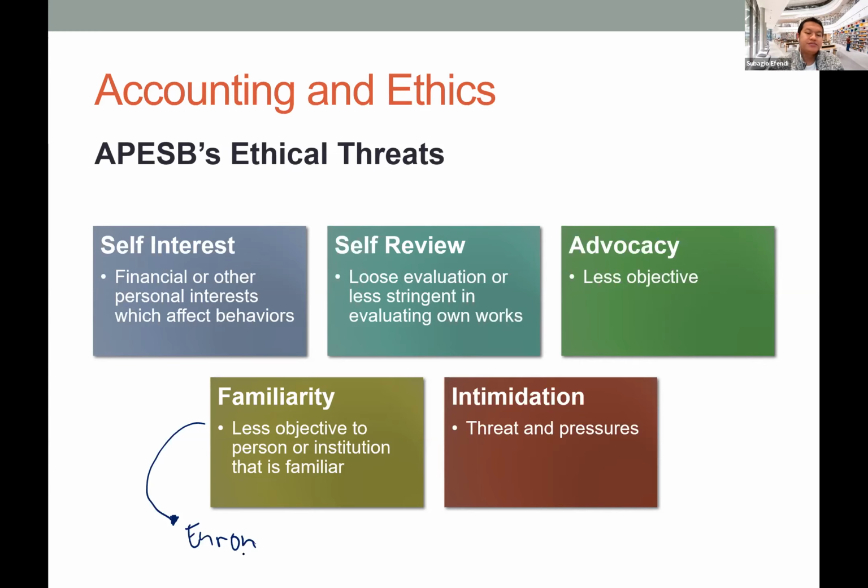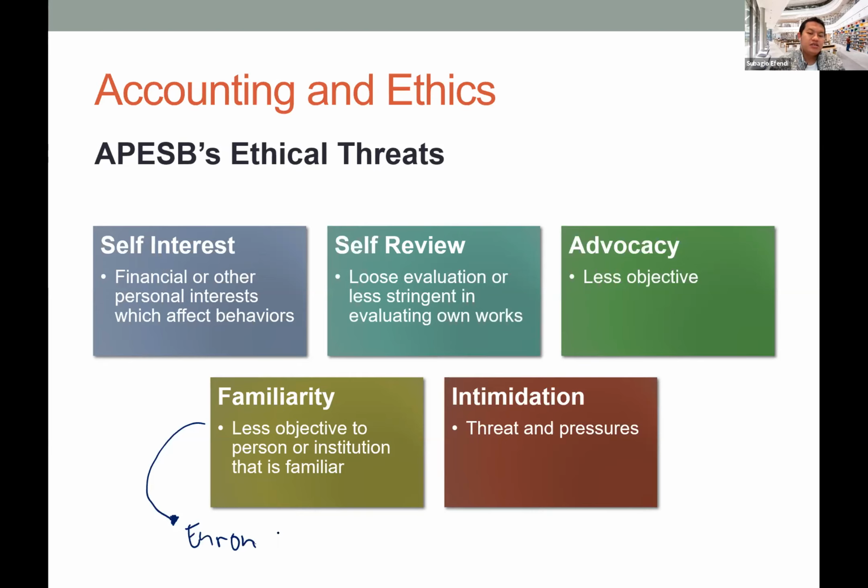After this collapse, the company collapsed, and also the audit firm collapsed, which is named Arthur Andersen. At the time we had Big Five. After the collapse of Arthur Andersen, now we only have Big Four, which is PwC, Ernst & Young, KPMG, and Deloitte.